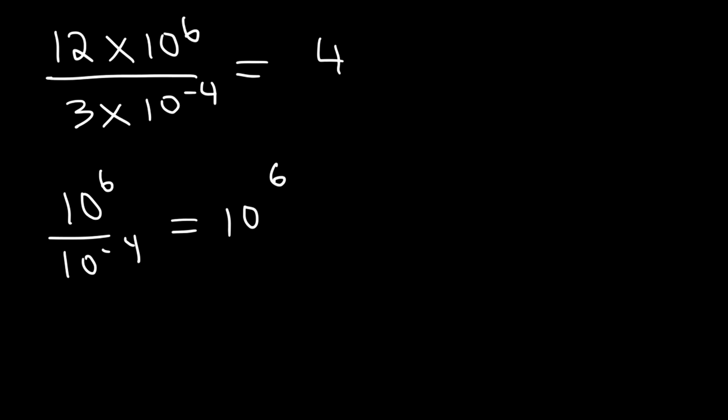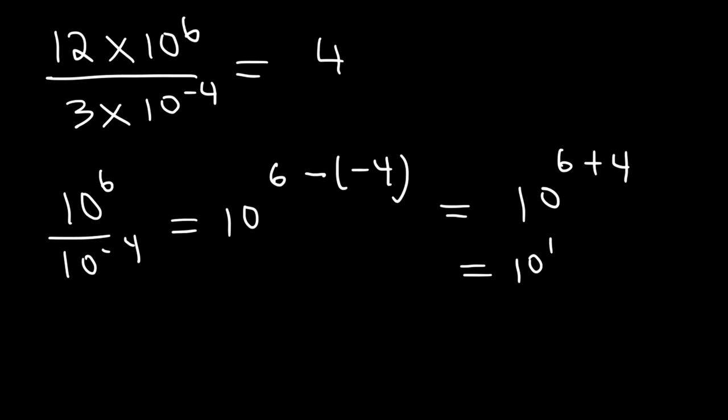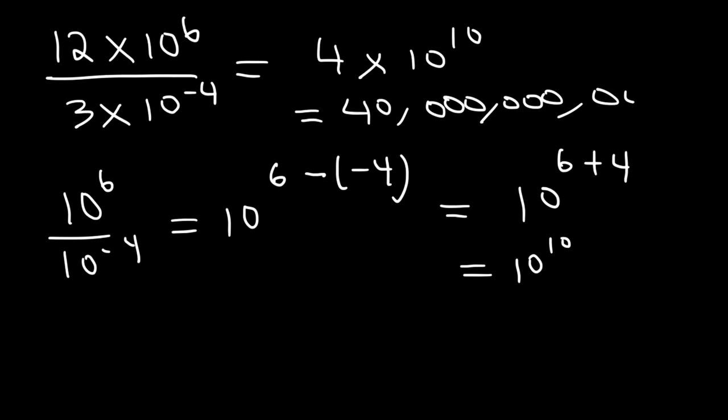So it's going to be the top exponent minus the one on the bottom. 6 minus negative 4 is the same as 6 plus 4, which is 10. So this is 4 times 10 to the 10, which is equivalent to 40 billion. So that's going to be the answer.